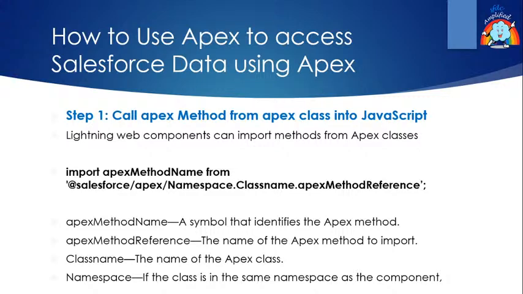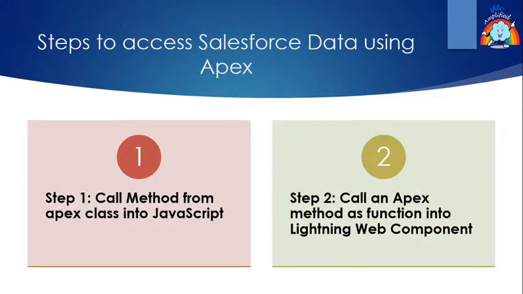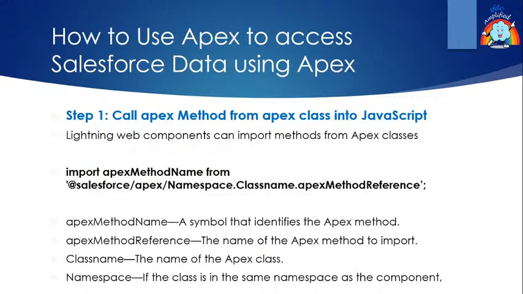So now we said that there are two steps. Step one was call a method from an Apex class into JavaScript. So how we do that is, you can see here there is an import statement. You use import, then you write the Apex method name, from, and then you say @salesforce/apex, and then you write the namespace only if the class is present in a namespace, and then the class name, and after that the Apex method reference.